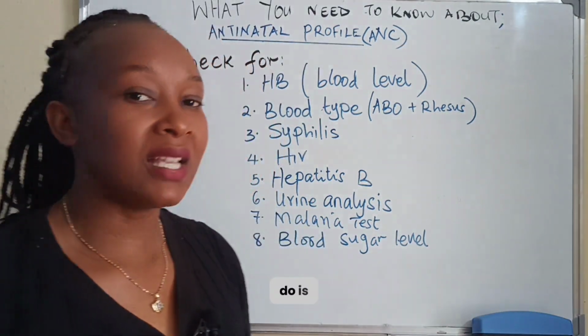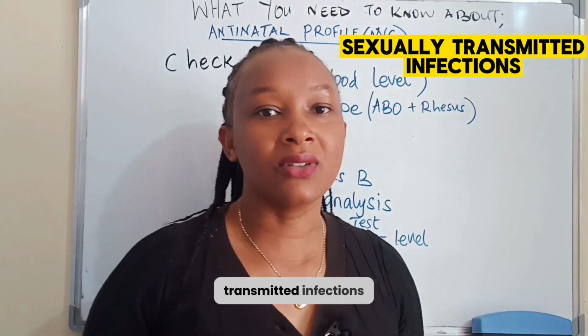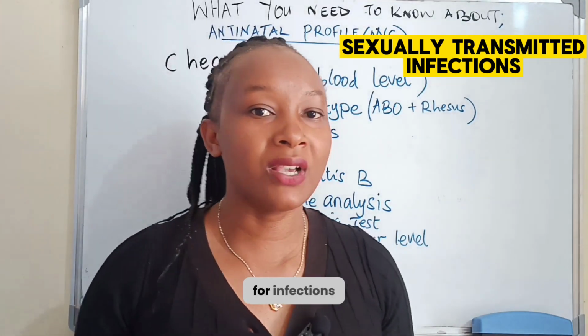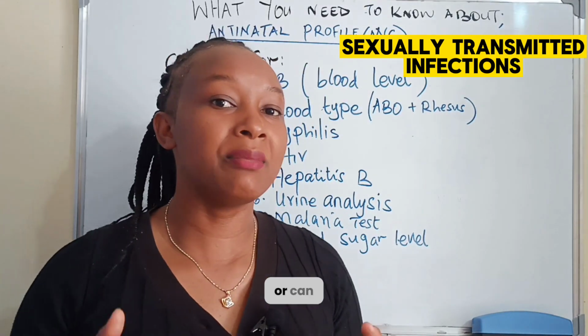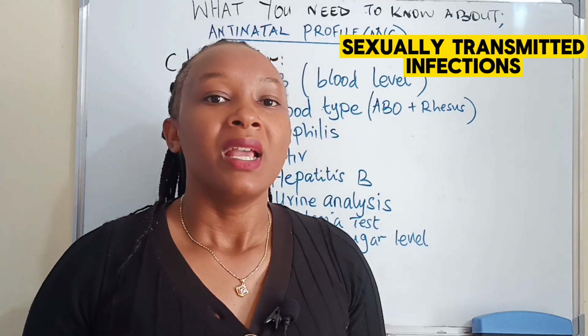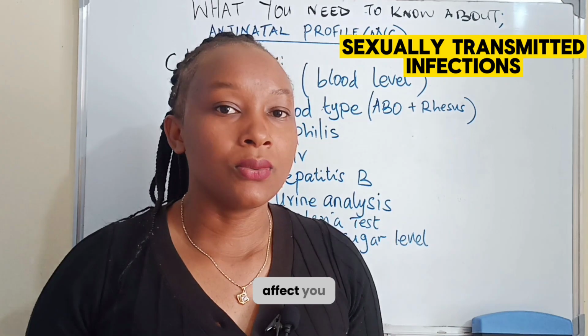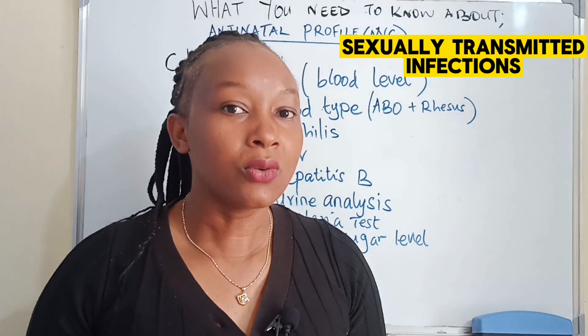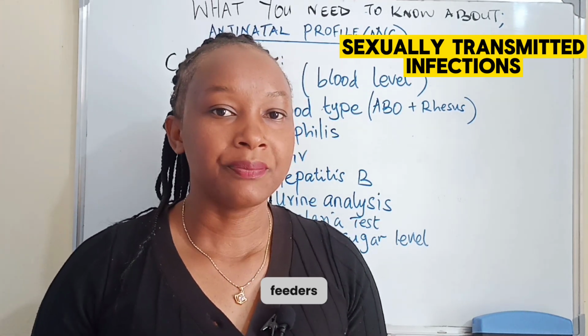The other thing we do is testing for sexually transmitted infections. Specifically, we check for infections that can be harmful or a threat to pregnancy and also to your unborn fetus, that could affect you seriously or could also be transmitted to the fetus.